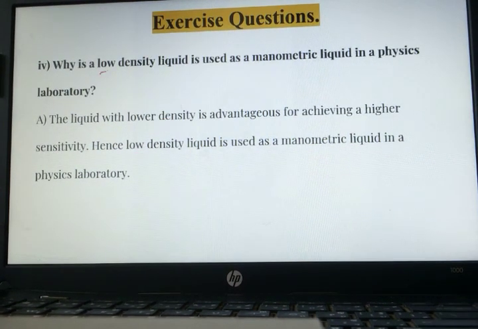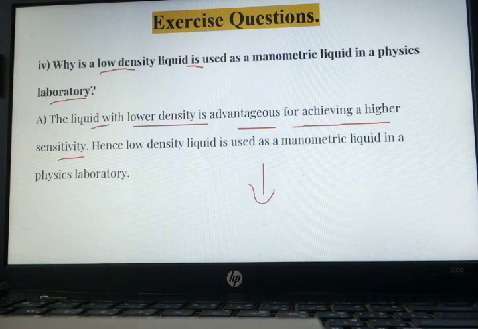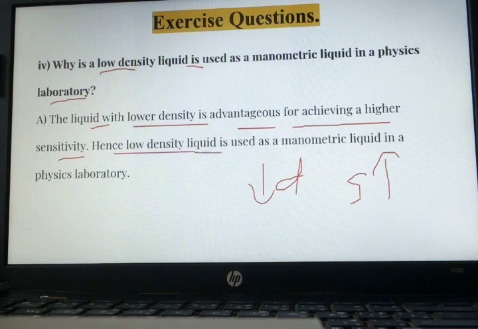Next one. Why is a low density liquid used as a manometric liquid in a physics laboratory? Why are we using a low density liquid? What is the advantage of a liquid with very low density? It is for achieving high sensitivity. Whenever the density is very low, the liquid is highly sensitive, which means for a very small change, it will show a large amount of variation. Hence a low density liquid is used as a manometric liquid in a physics laboratory.